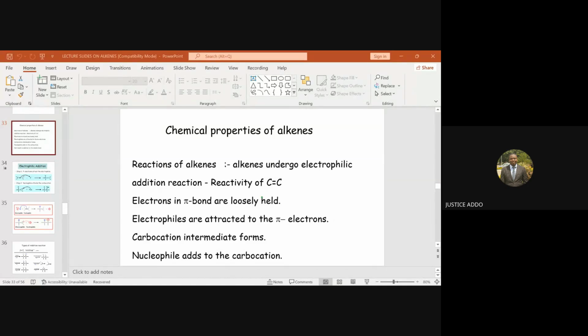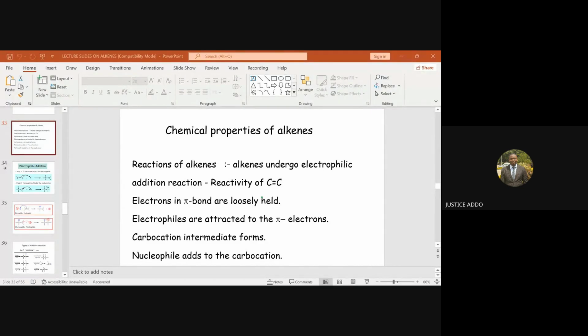The electrons in the pi bond are readily available, and so they are loosely held, and those electrons make alkenes nucleophilic. For that matter, they can easily react as compared to the alkanes without necessarily the provision of sunlight or heat, which were the requirements under which alkanes can react.